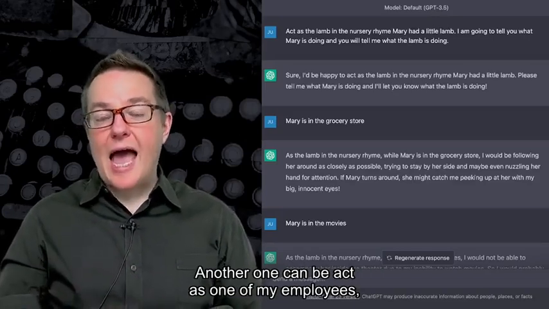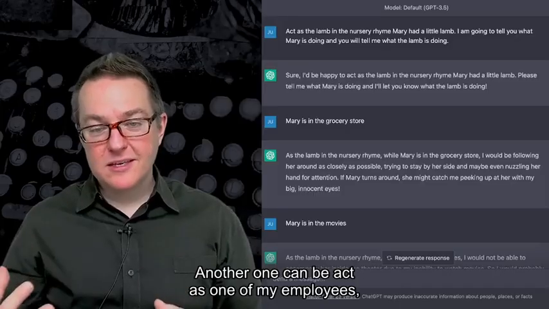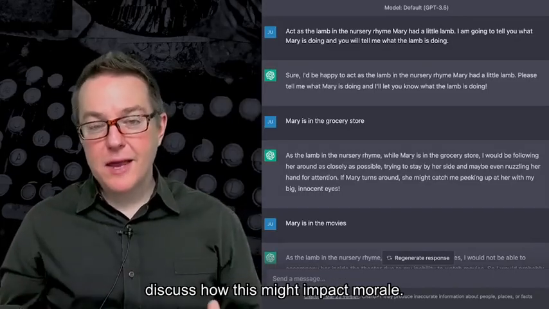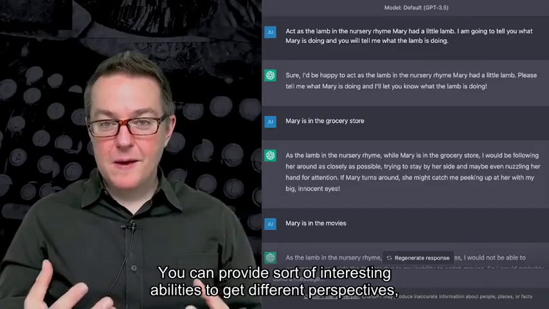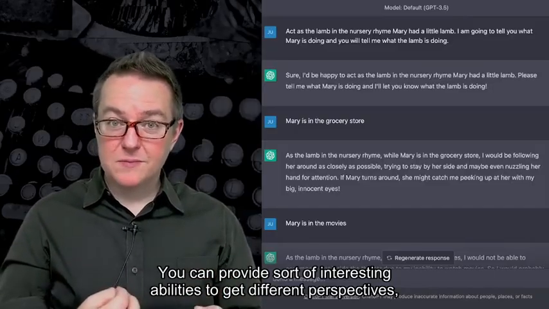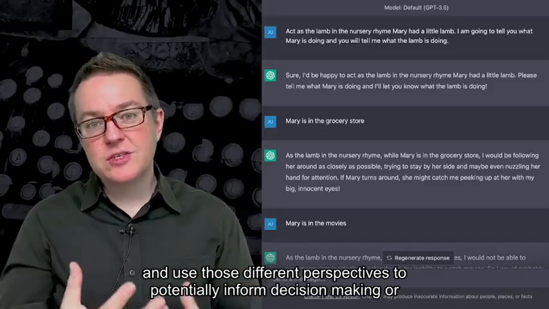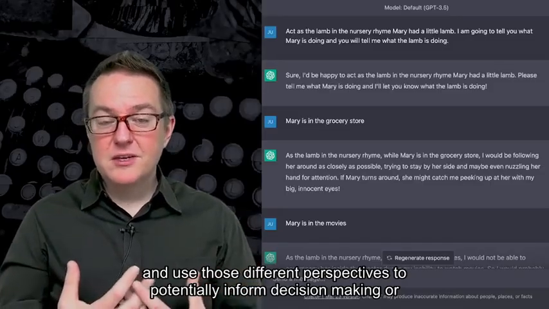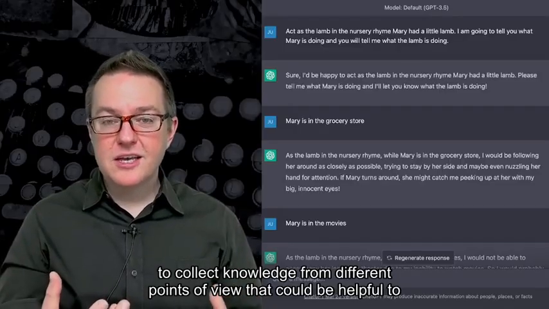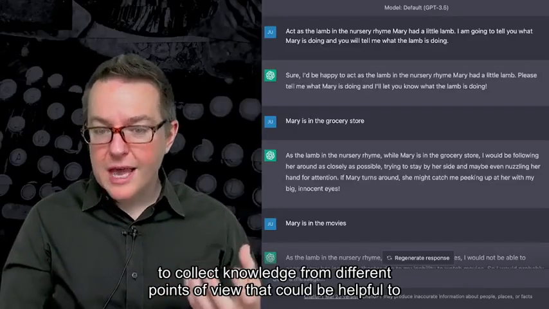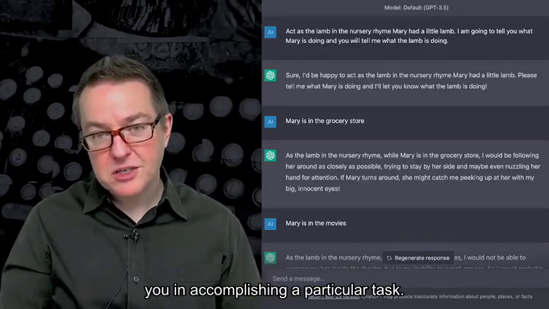Another one can be, act as one of my employees, discuss how this might impact morale. You can get different perspectives and use those different perspectives to potentially inform decision making or to collect knowledge from different points of view that could be helpful to you in accomplishing a particular task.